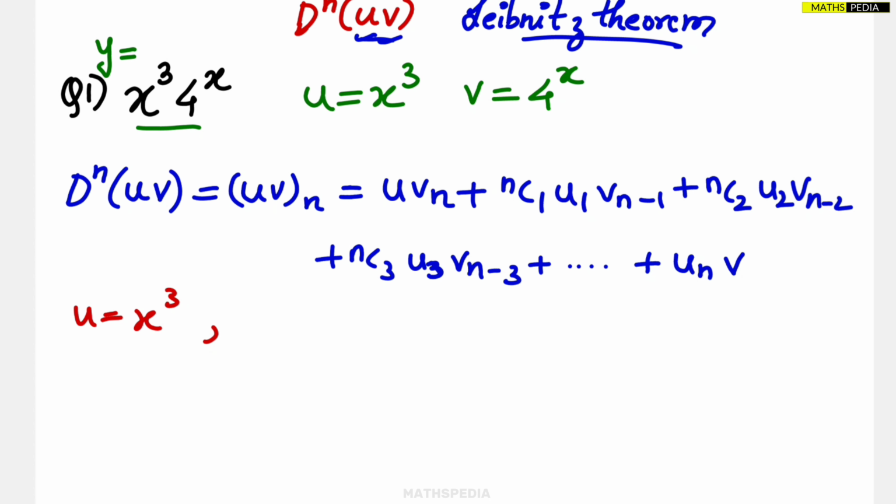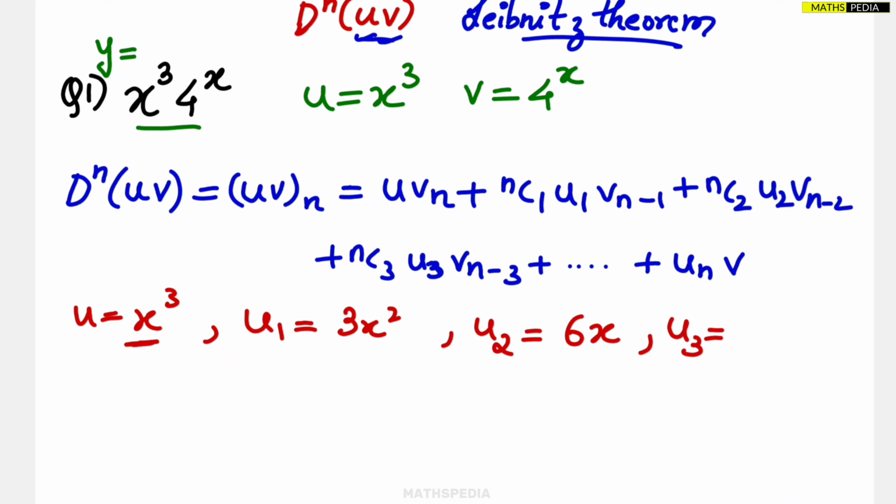What about u1? u1 will be the first differentiation of x cube, right? So I can write it as 3x square. Simple concept. What will be u2? u2 will be again the differentiation of 3x square. 3 is constant, 2 will come in front, it will become 6x power 1. Again if you do differentiation, you will be getting 6 as the answer. One more differentiation, you will be getting 0 as the answer.